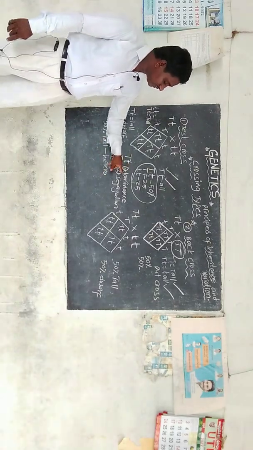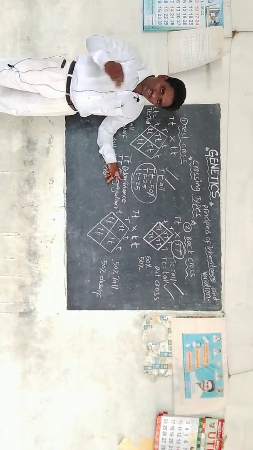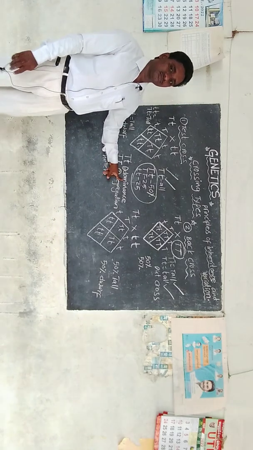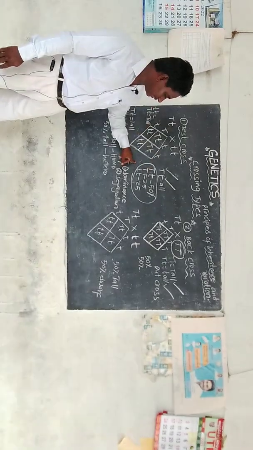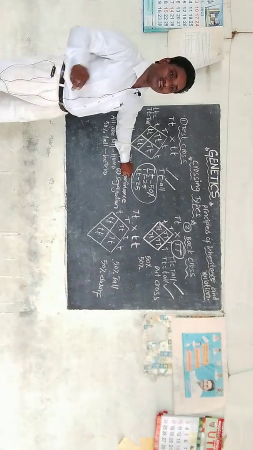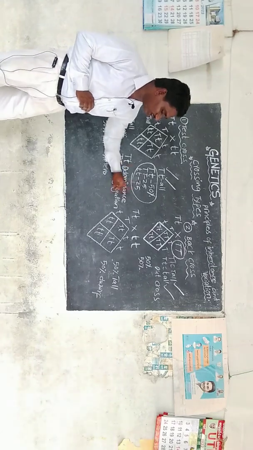What is the meaning of the law of dominance? Law of dominance means when cross fertilization or self fertilization is done in the first generation, one of the parental characters is expressed, that is dominant over the other. That is called law of dominance.